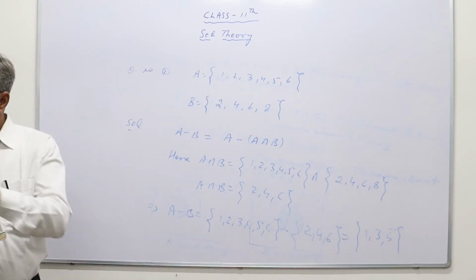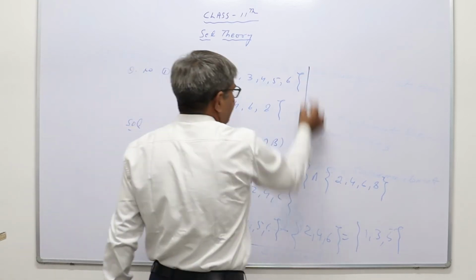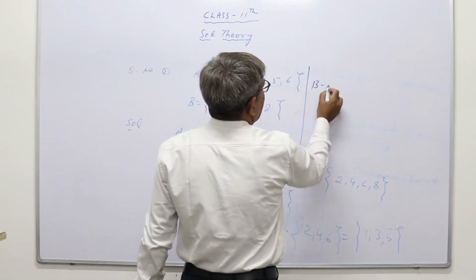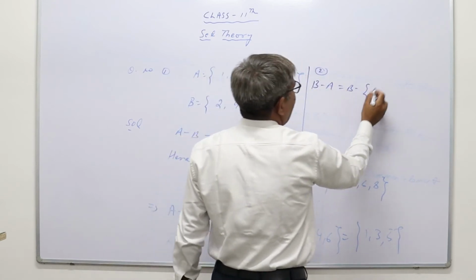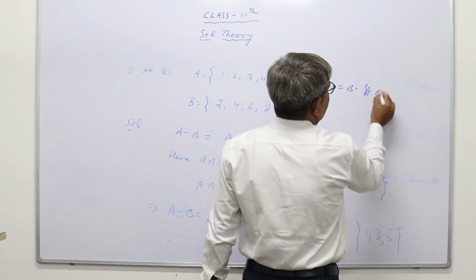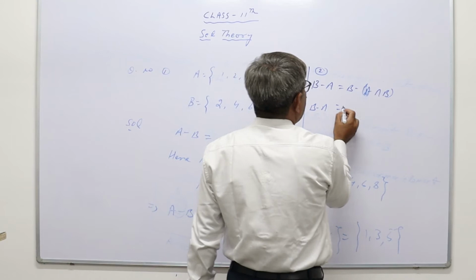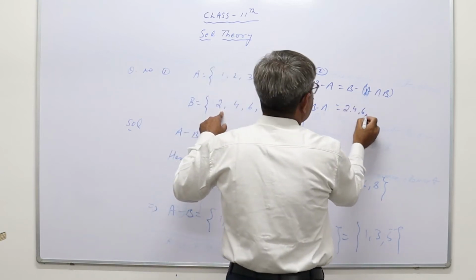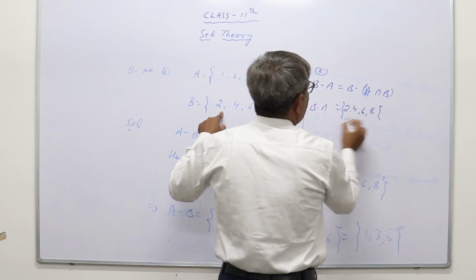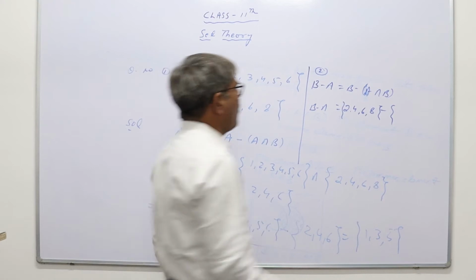Similarly, if we have to find B minus A, then B minus A is equal to B minus of A intersection B. So what is the B? B is given here: 2, 4, 6, 8 minus of A intersection B. What is the A intersection B? 2, 4, 6.